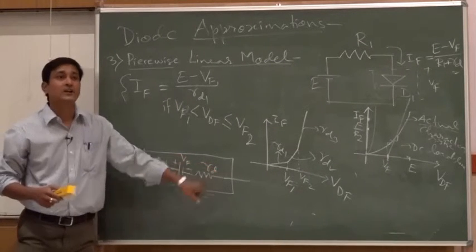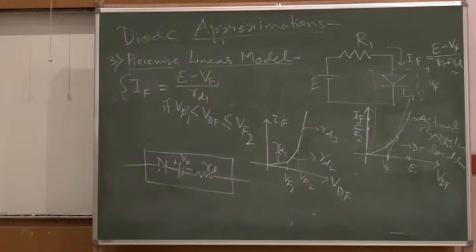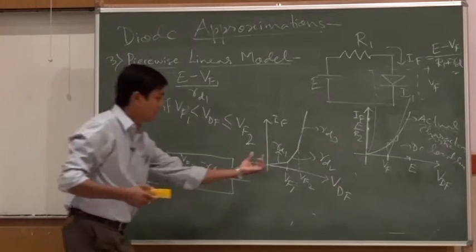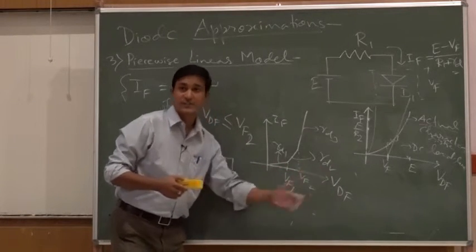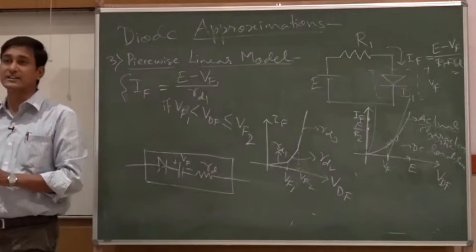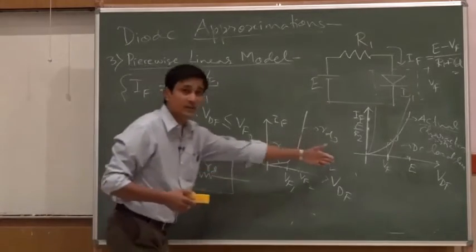But for that I have to track what voltage is coming across the diode. Is it within this range, or this range, or this range? That means the complexity in your system analysis is becoming more, which is quite obvious, because you want a more accurate value. So how many RD can you consider there?